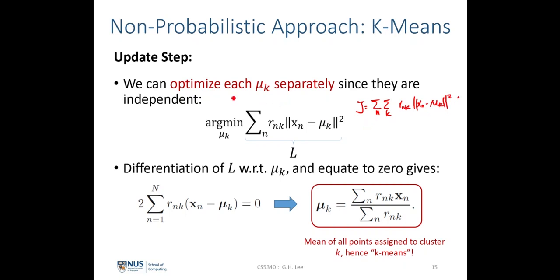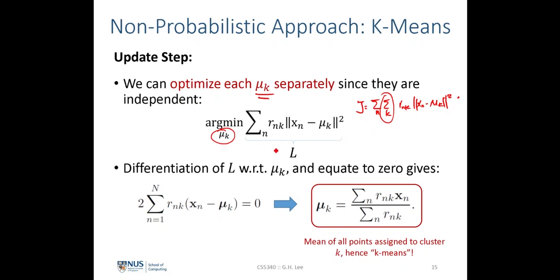Since we assume that each mu k is independent from the others, we can simply minimize over each mu k separately, which means we can drop the summation over k in the cost function.